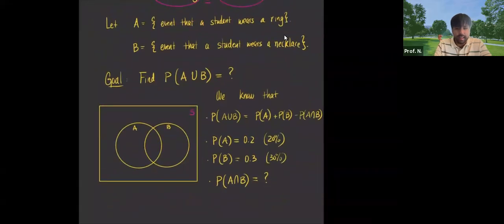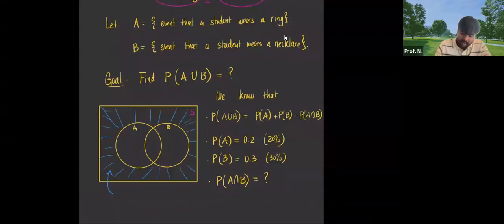So what is that? Where is that in this diagram? If you're neither A nor B, then where are you? You're everything that's not in A or B. So this region is the complement of A or B. You see that? So this is the complement.